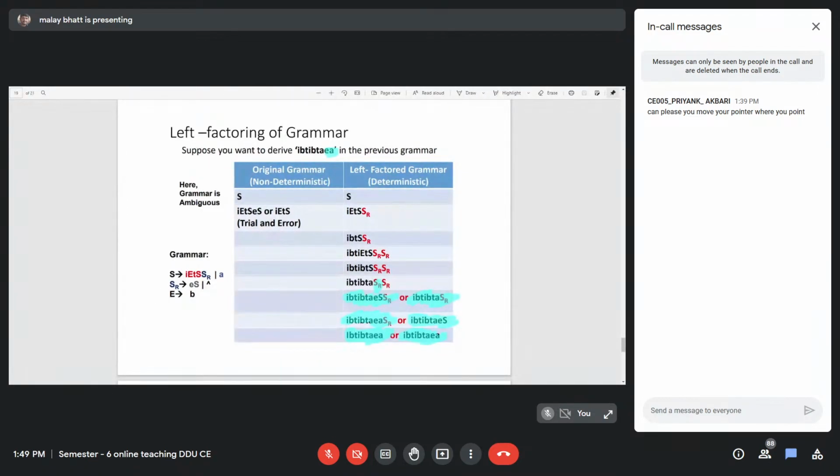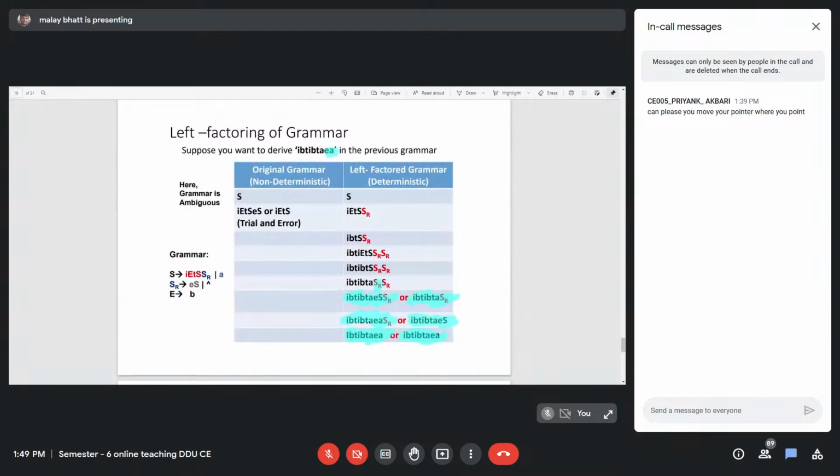If I replace SR with null at the third step from the last, then we have a second alternative, IBT, IBT, A and SR. Now we have 2 SR here in the derivation, so either I can replace the first SR with null or I can replace the second SR with null. So we have 2 different options here.